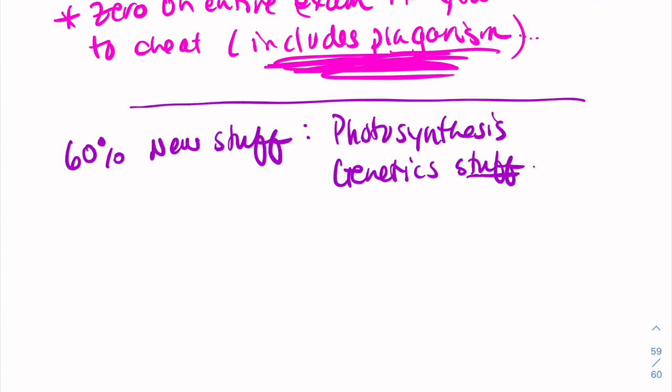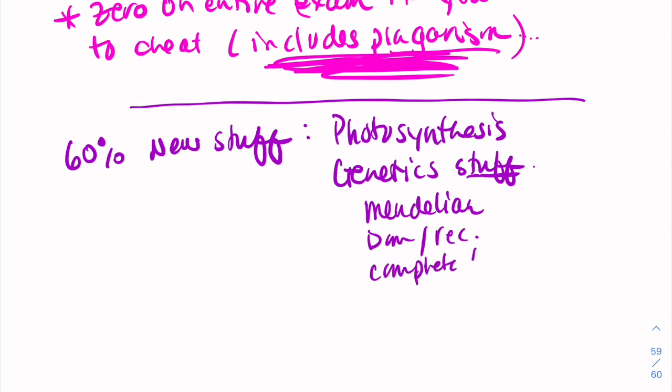So, you know, your basic Mendelian genetics with dominant and recessive stuff, and complete versus incomplete dominance. You'll have 1 trait problems and 2 trait problems like we just did.